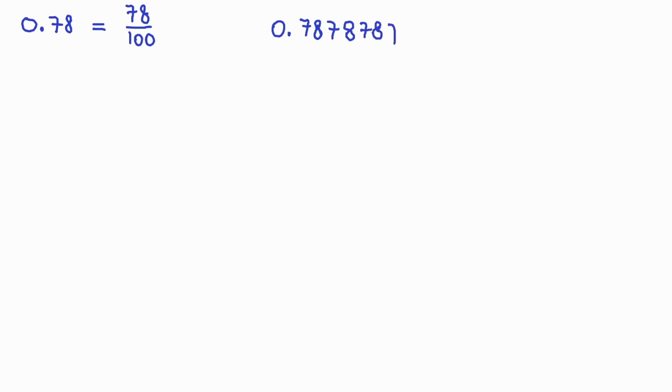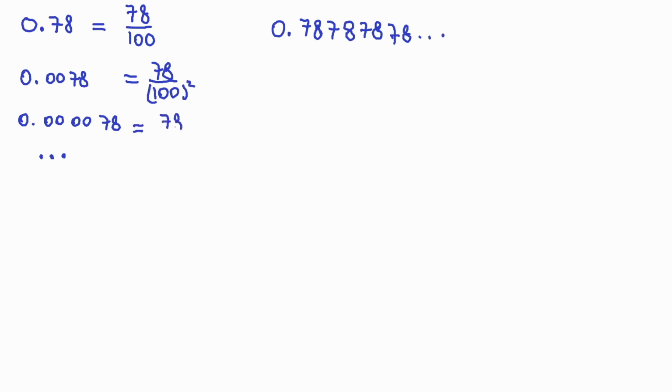So what we're going to do is write that thing as equal to the sum of this guy plus that guy plus this guy, and so on and so forth. And that's now 78 over, we need 1 with 4 zeros, so 10,000, which I am going to write as 100 squared.